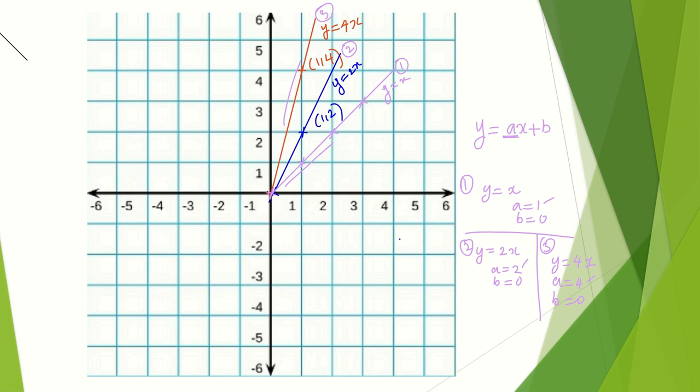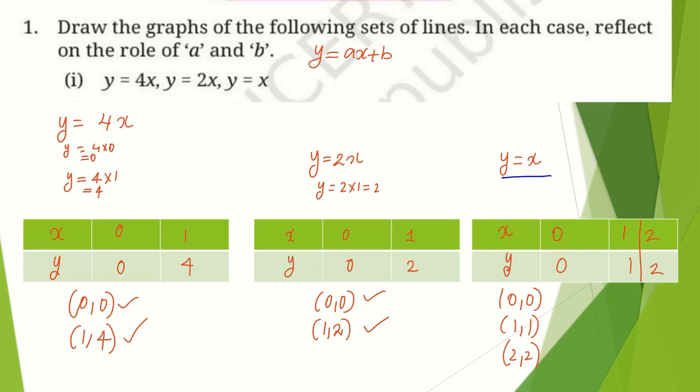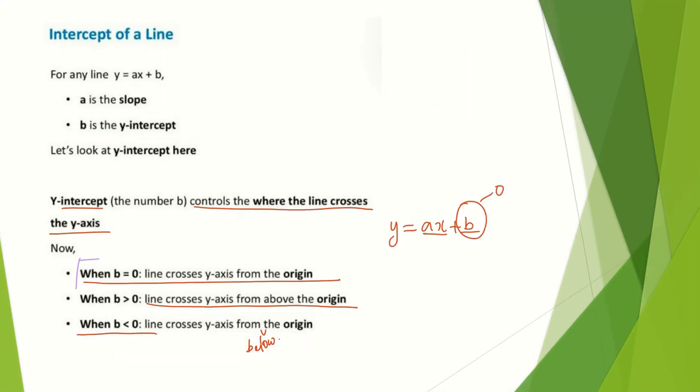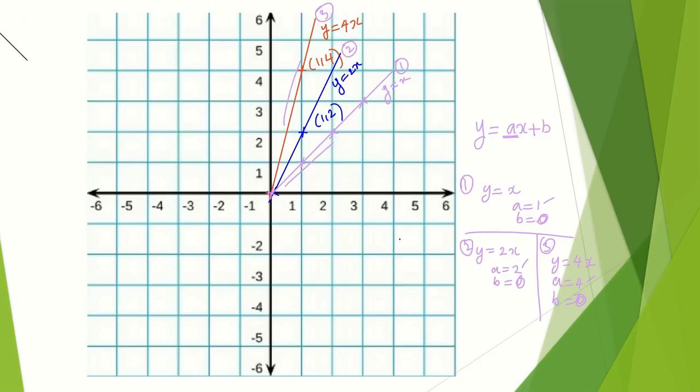Now in the next part you can see the value of B, in all these cases B is 0. If the value of B is 0, it will pass through the origin. Do you remember that we discussed in the beginning, if the value of B equal to 0, the line crosses the y-axis at the origin. Now is it clear for you? So that's how we plot the graph here.